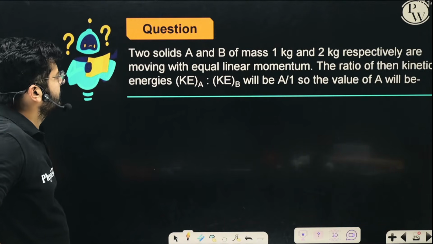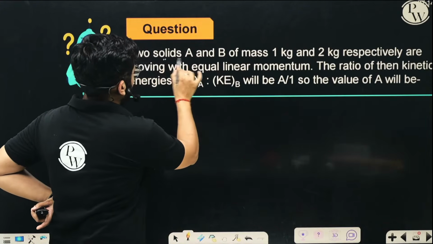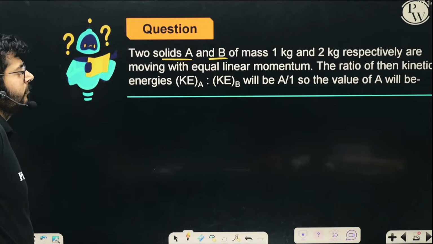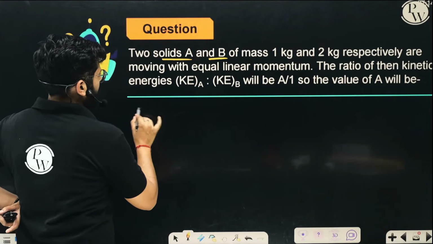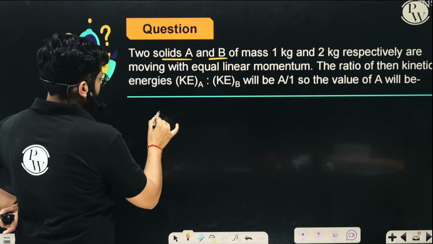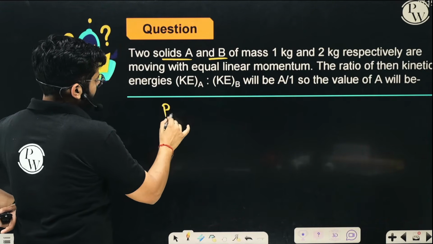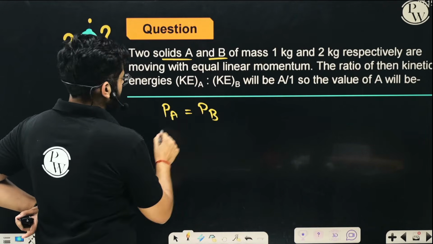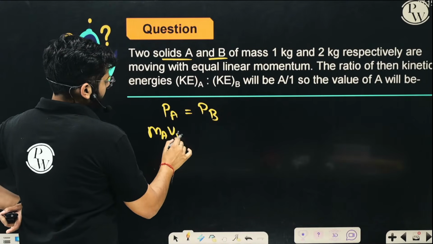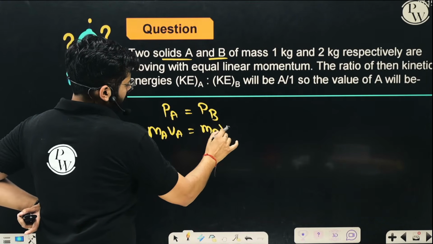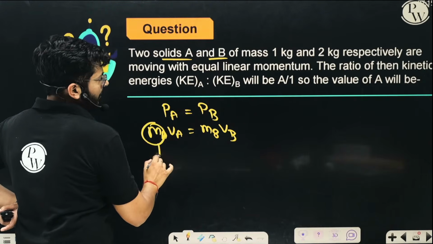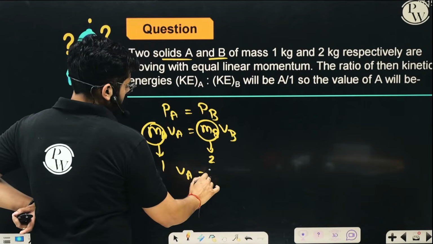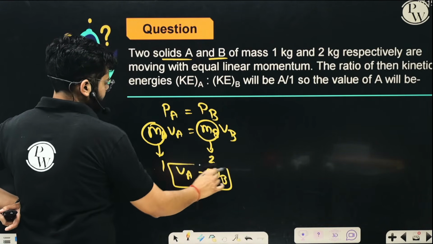We have two bodies moving with equal linear momentum, so the linear momentum of A is same as linear momentum of B. The masses are different, so mA vA is the same as mB vB. mA is 1 kg and mB is 2 kg, so vA is equal to 2 times vB.